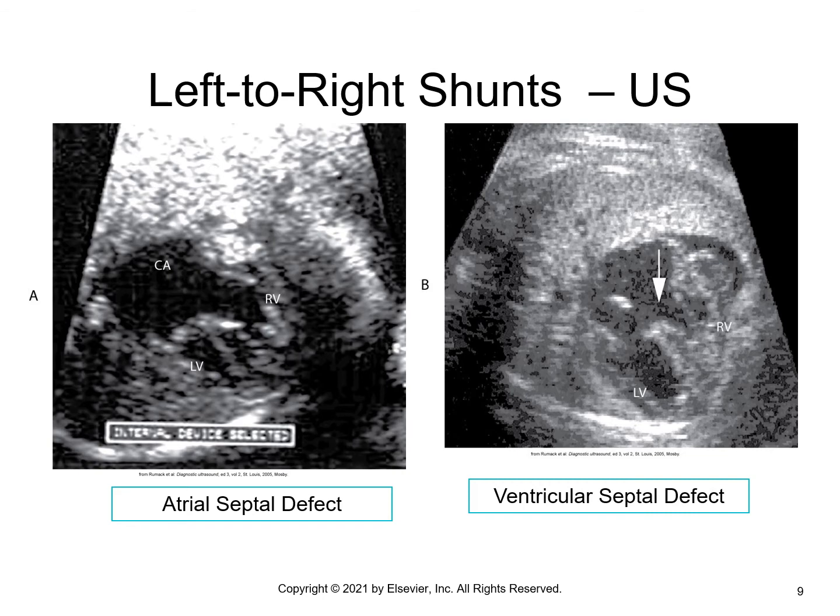Now here's looking on ultrasound, and if you're looking at this, this demonstrates the left ventricle, the right ventricle, and a defect between the two. This is an atrial septal defect where you see a complete defect between the right and left atria with only a separation of the right and left ventricle.